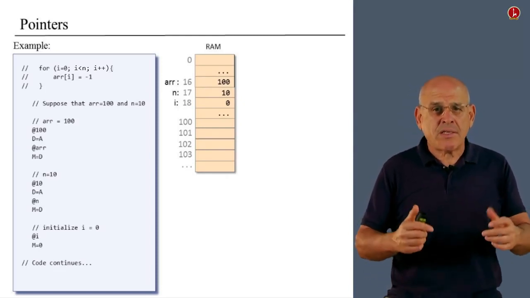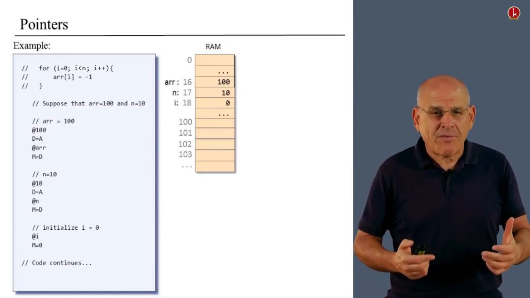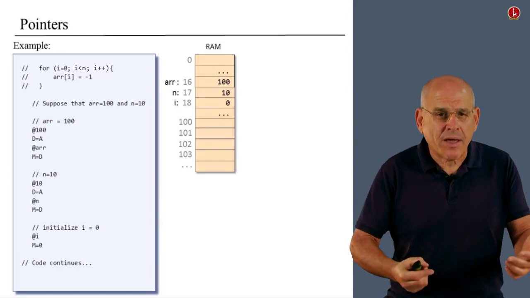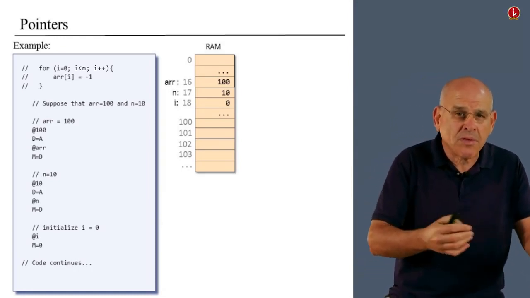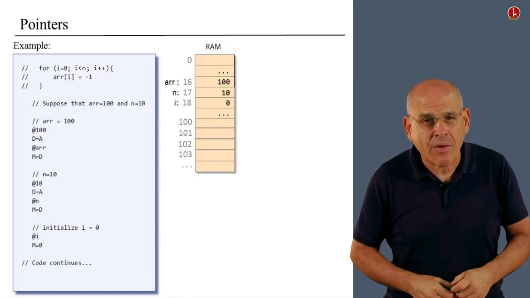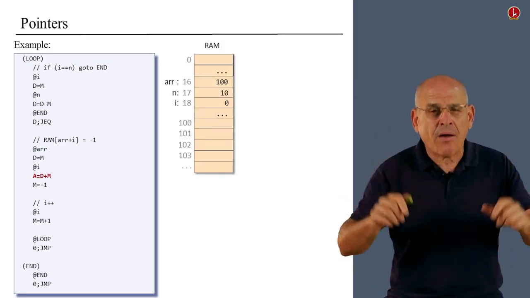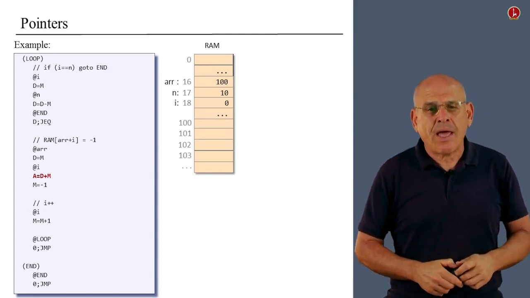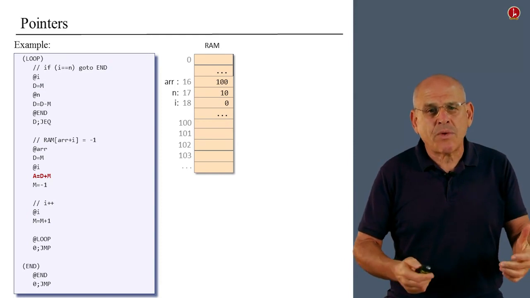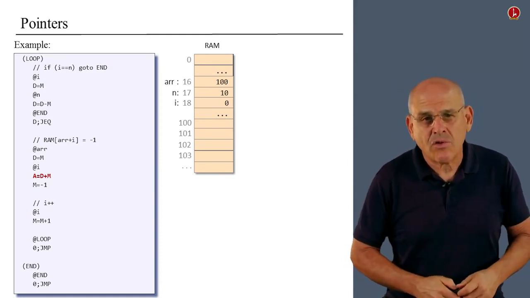All right, so here is the actual processing. The first segment of the loop, and by the way, we realize the for loop using a machine language oriented loop, which begins with a label declaration called LOOP. The first thing that we do is translate the termination condition into machine language.